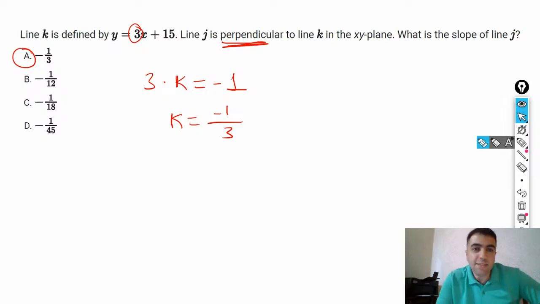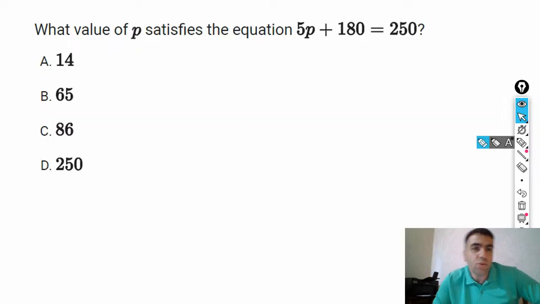Okay, let's continue with the third question. Mr. Sahib said answer A. What about Turan? This is an easy equation, right?